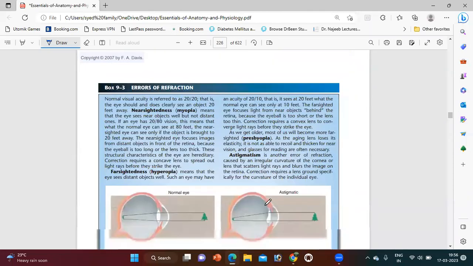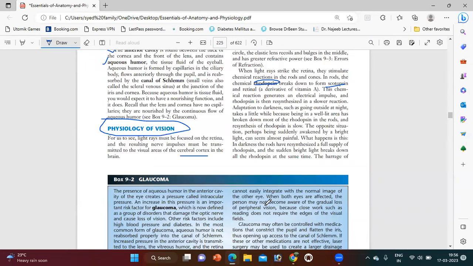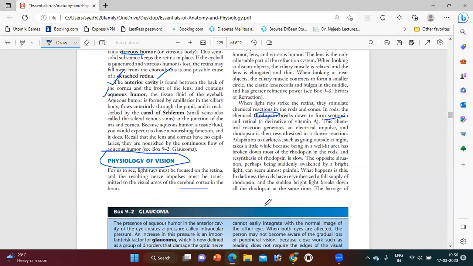So basically, what will happen when you are seeing an object? It will enter into the lens, then the iris, and the ciliary muscles will adjust according to the situation: is it a distant object or a nearby object?